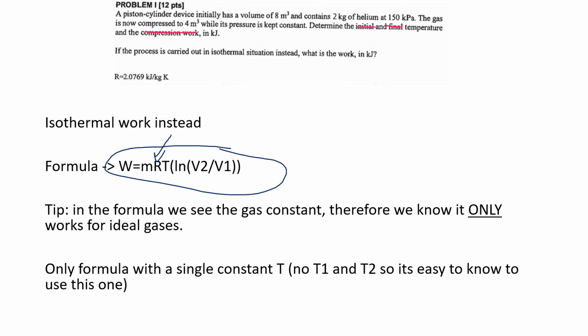So if you're working with anything that's not an ideal gas, do not use this formula. It will not work. Just like before, this formula only has one T in it. So that means that for this process, the T has to be constant for this formula to work. So that's how you know that this is the formula for isothermal conditions.